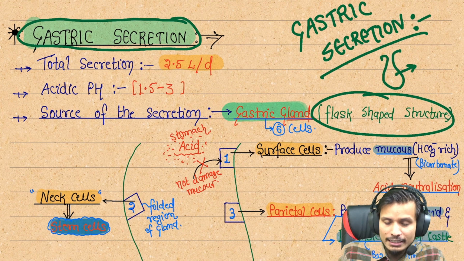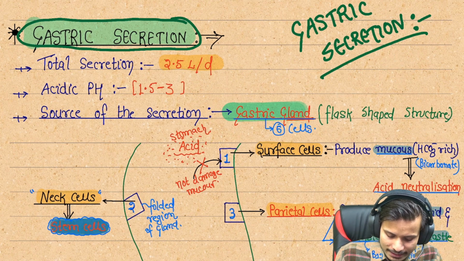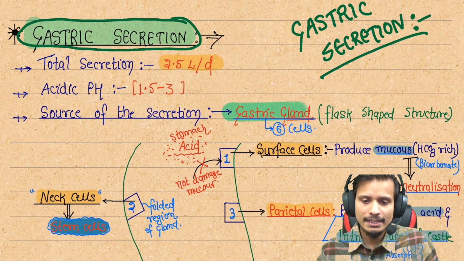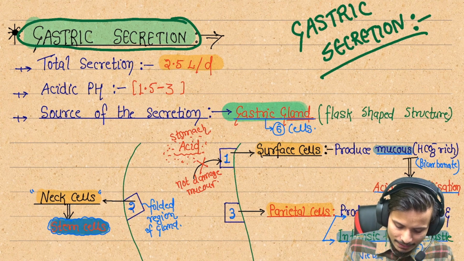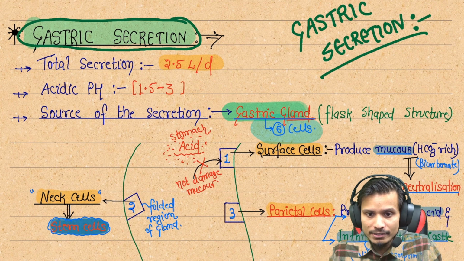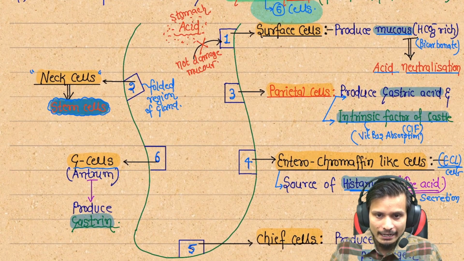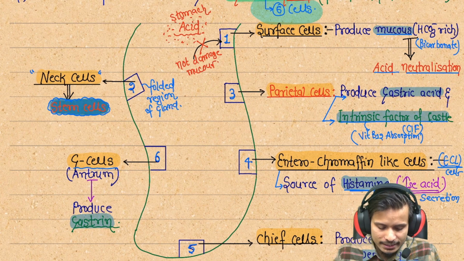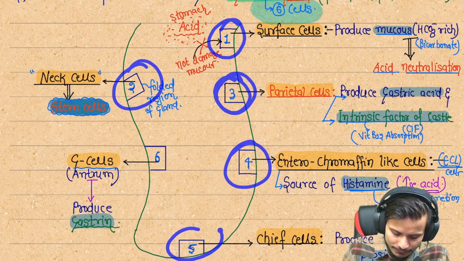So the gastric gland is flask shaped in structure, and next we can see what this flask shaped structure is going to secrete. What are its main components? The flask shaped structure has 6 different types of cells. We can see all 6 in one picture: first, second, third, fourth, fifth and sixth.